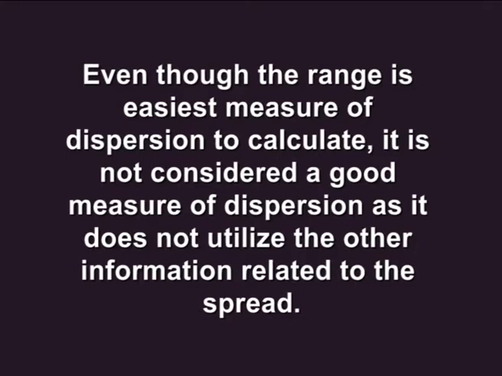Even though the range is the easiest measure of dispersion to calculate, it is not considered a good measure of dispersion, as it does not utilize the other information related to the spread.